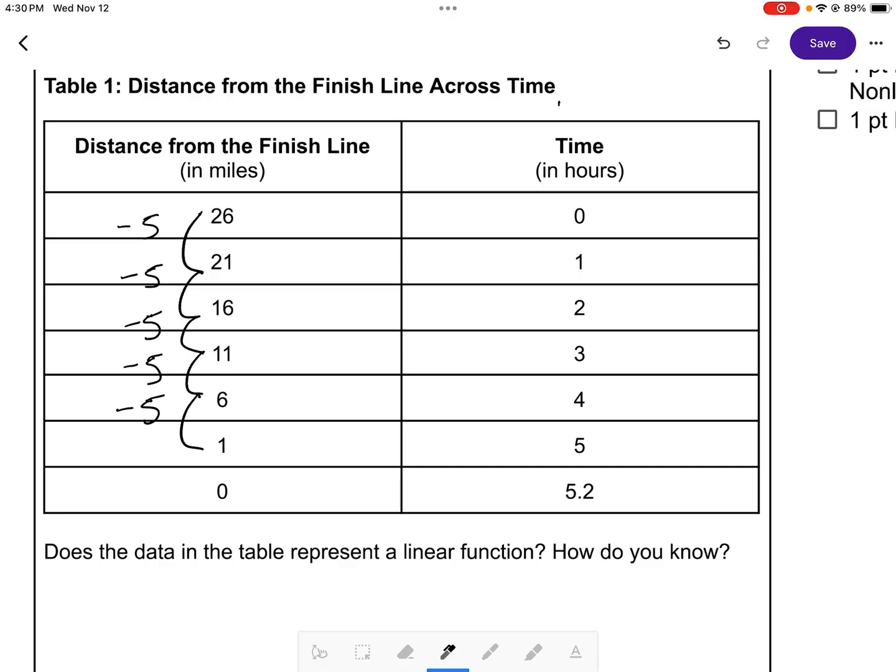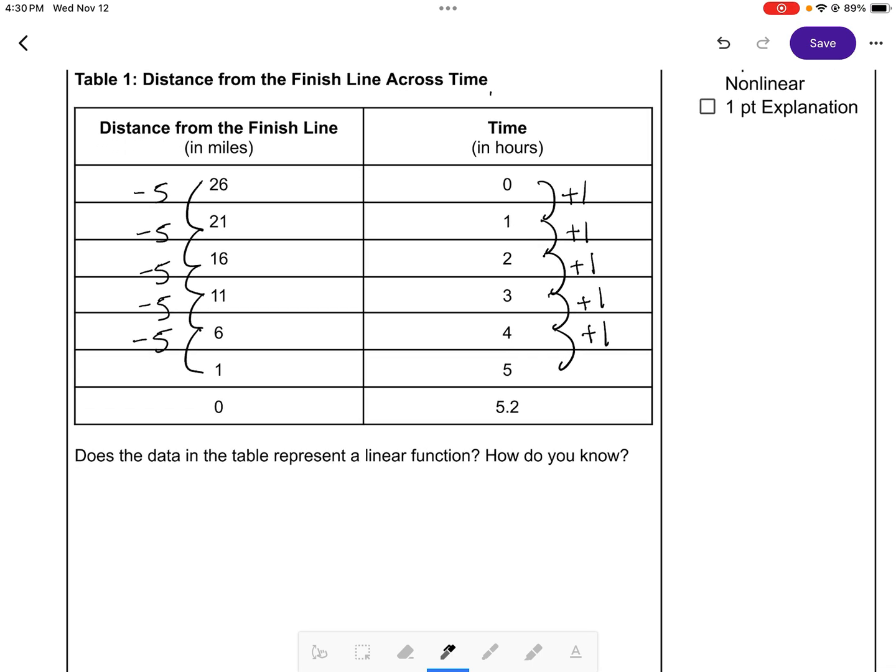So let's see. 0 to 1, that's +1. 1 to 2, that's +1. 2 to 3, that's +1. 3 to 4, that's +1. 4 to 5, that's +1. So, not +5, +1. So as you can see, our pattern is the same. My slope here, my rate of change, would be 1 over -5.